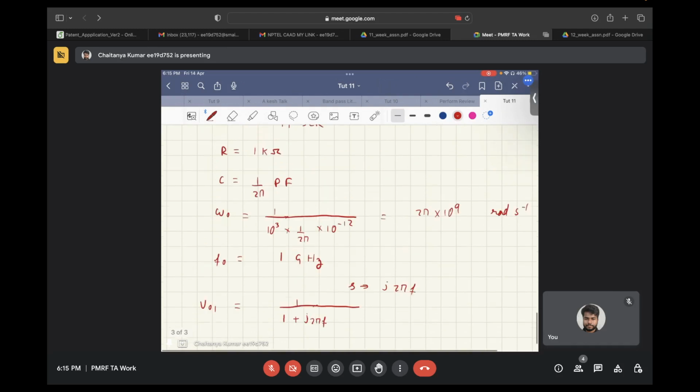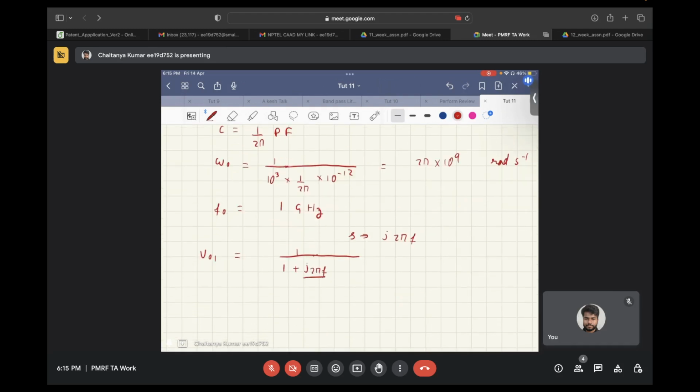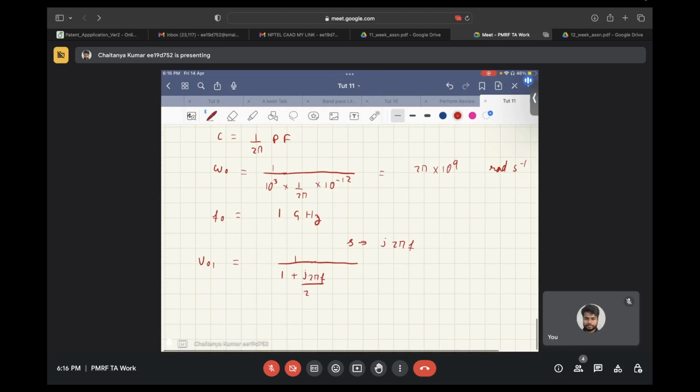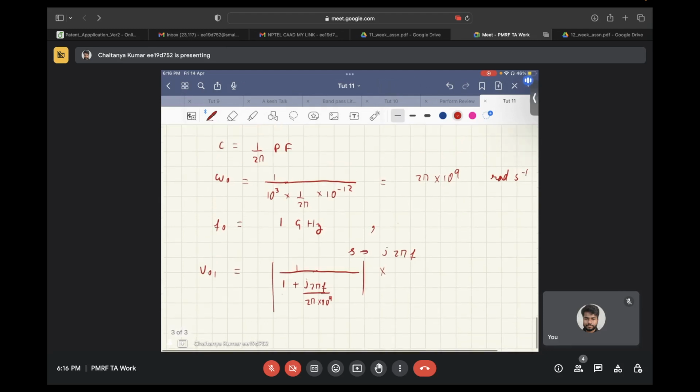What is RC? We calculated, so this is 1 divided by 2 pi into 10 to the power 9. So its magnitude into, let's say Vi is some A sine 2 pi 100 into 10 to the power 6 t. So this is 100 megahertz.